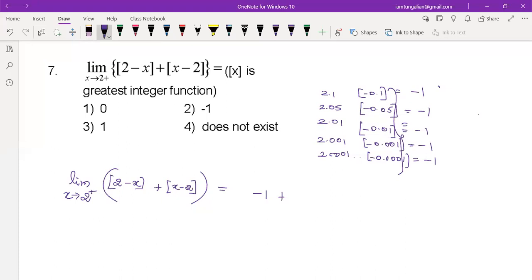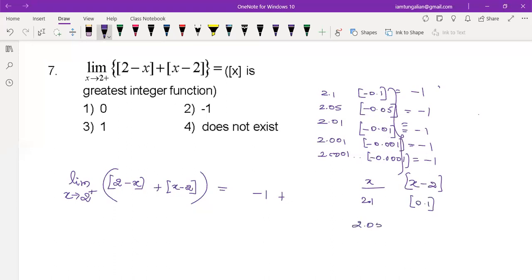I'll take x equal to these values: 2.1, 2.05, 2.01, 2.001, etc. Then what happens here? If I take x as 2.1, this is step of x minus 2. So x equal to 2.1, x minus 2 is 2.1 minus 2, that is 0.1.